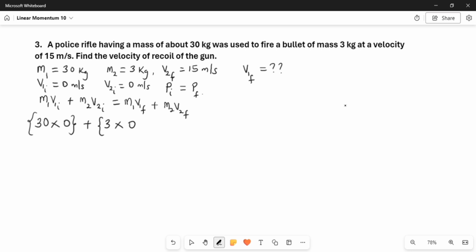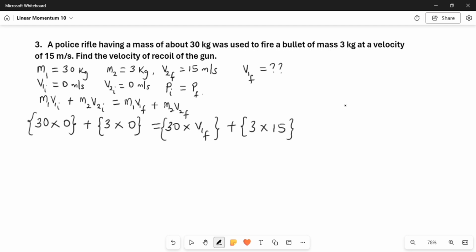So say times 0, close the bracket, equal to, what is m1? 30. What is v1F? That's what we are looking for. So we say v1F plus, what is m2? m2 is 3 kg and v2F is 15. So say times 15.